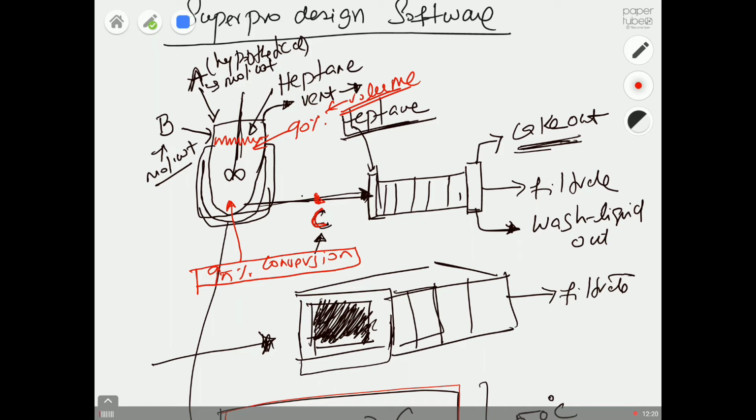And then we will put some flow rate to the heptane. So heptane we will pump into the reactor at some constant flow rate.